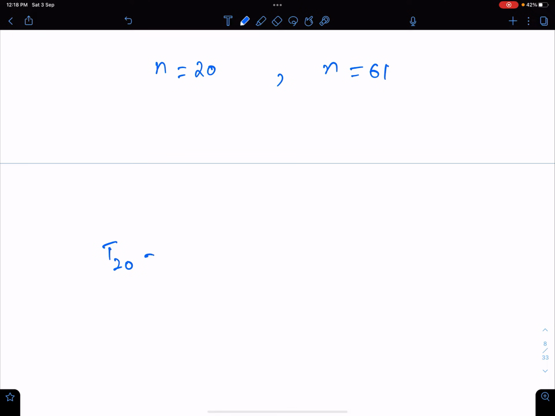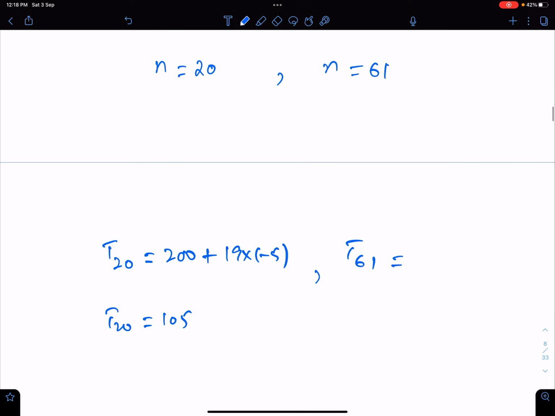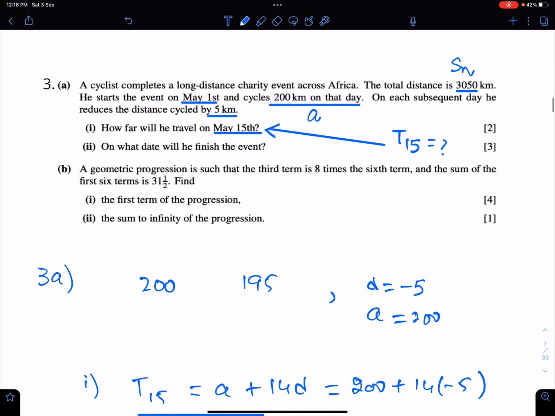So T20 and T61. When you find T20, you will get 105. And when you find T61, you will get minus 105. And the cyclist needs to complete this distance.